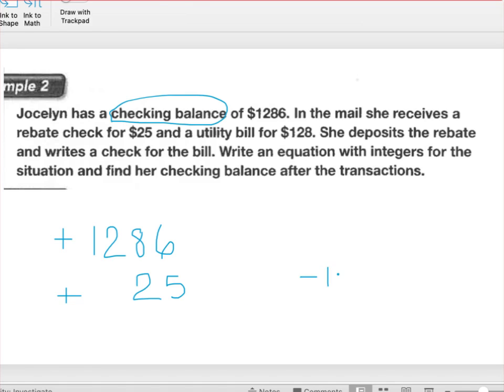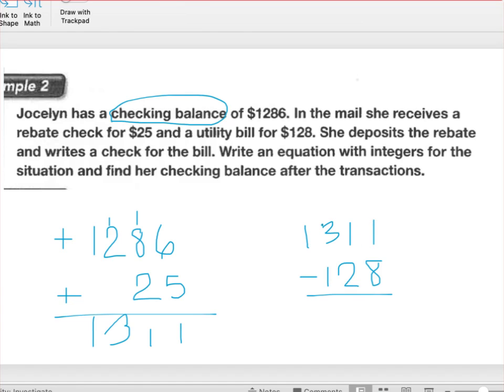So we'll add these two positives together, and then we will subtract. So here we go. We have 6 plus 5 is 11, 9, 10, 11, 3, and 1, and then we're going to subtract 1311 minus the 128, which was the bill.